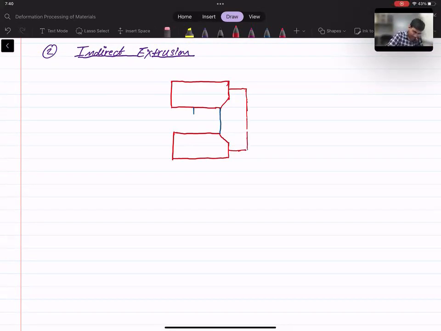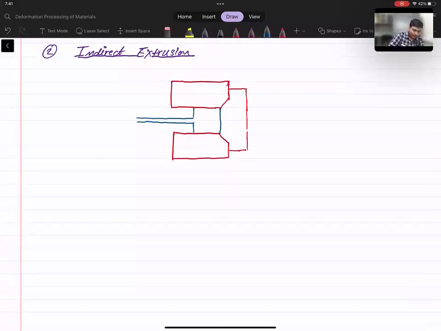Okay. So this is the closure plate which will prevent the billet from moving outwards. And again this billet will get extruded like this. This is the extrusion. Okay.